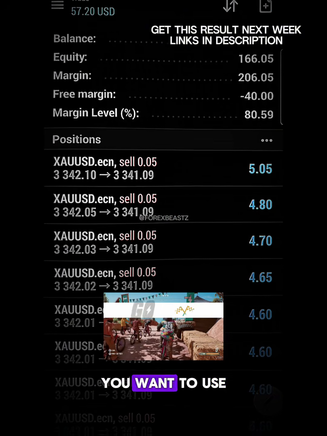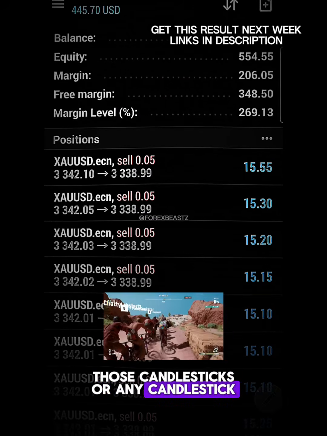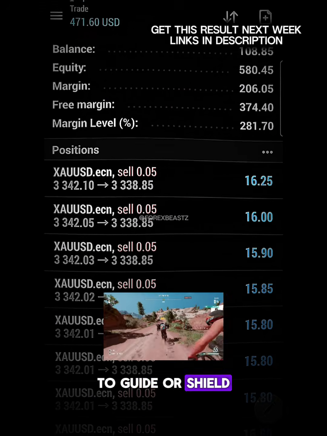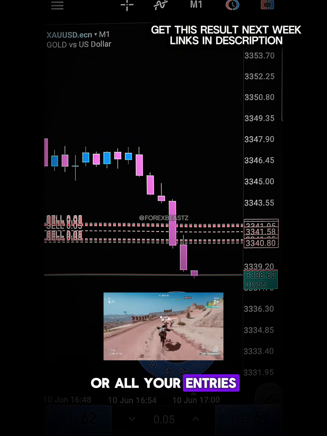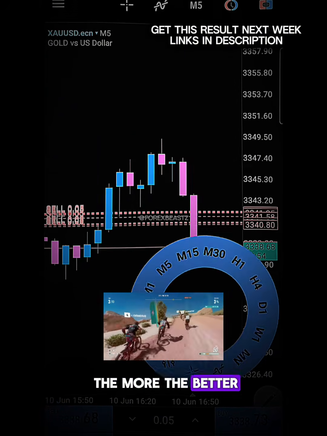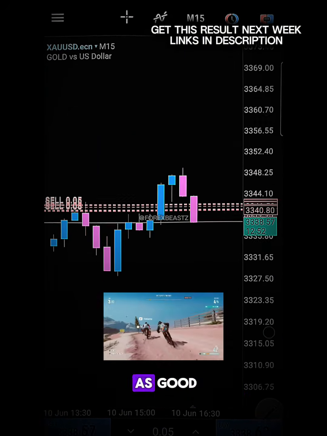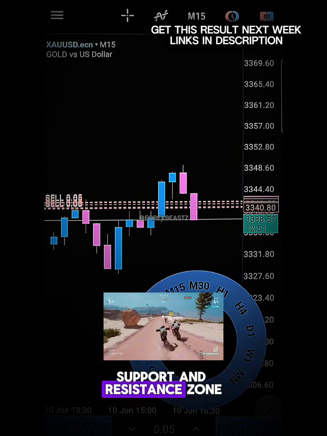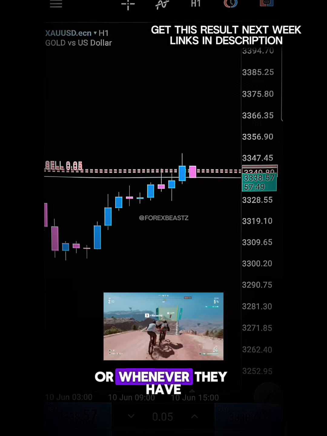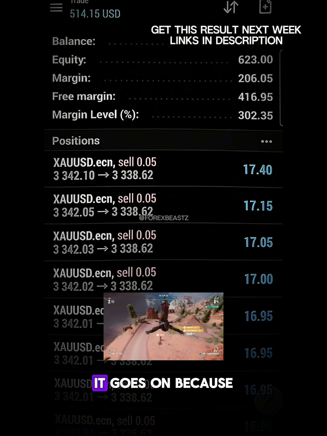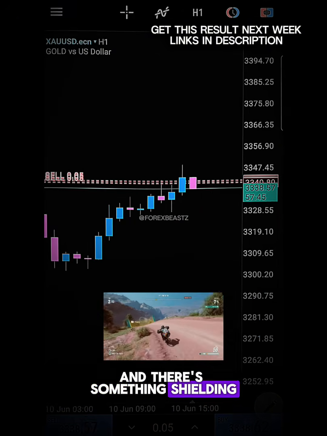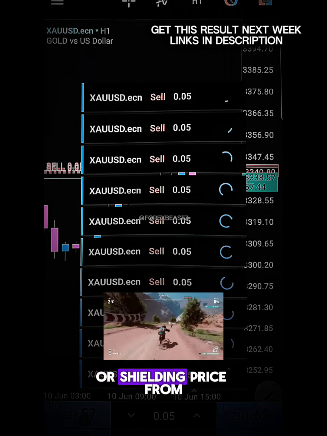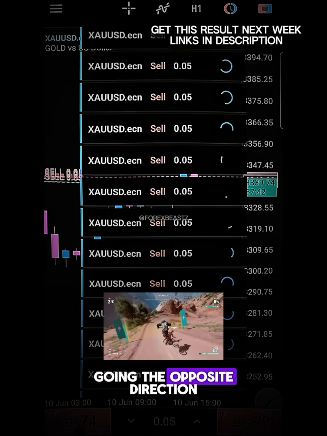So you want to use those candlesticks or any candlestick to guide or shield all your confirmations or all your entries. The more the better. That's why consolidation serves as a good support and resistance zone, or whenever there's a breakout it runs, because there's a lot of liquidity and there's something shielding your entry or shielding price from going in the opposite direction.